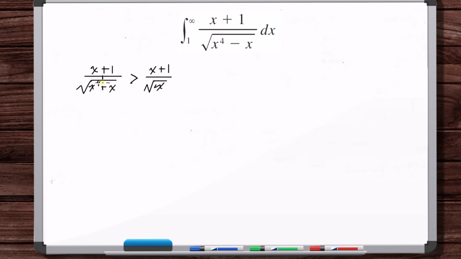The numerators will be the same, but the denominators will always be smaller. Everything's the same except we've dropped the x, so this will always have a smaller denominator, so this is always greater. And the square root of x to the 4th is x squared.